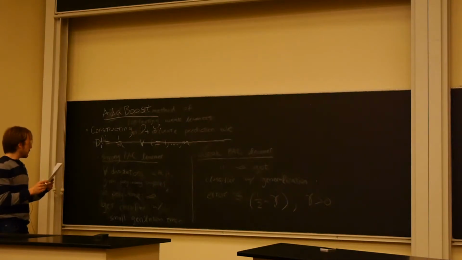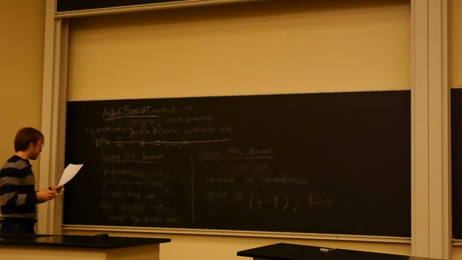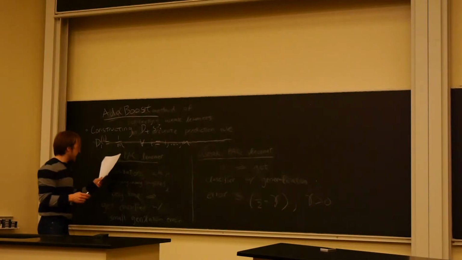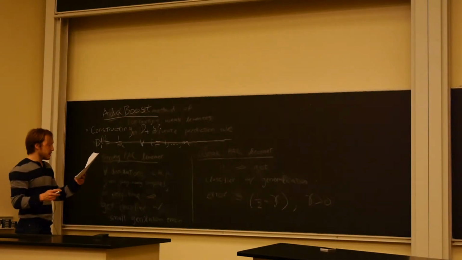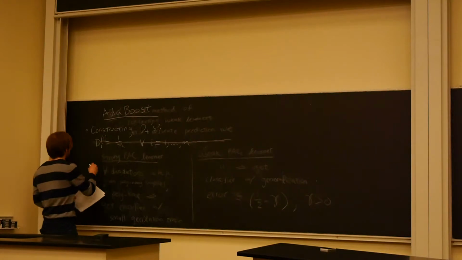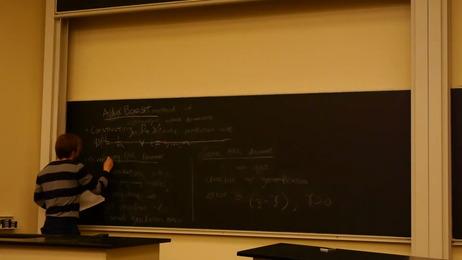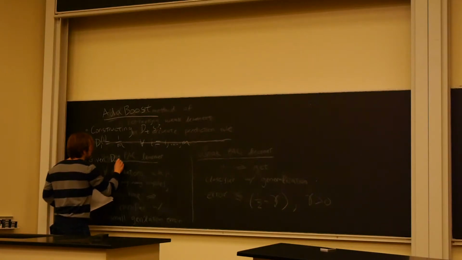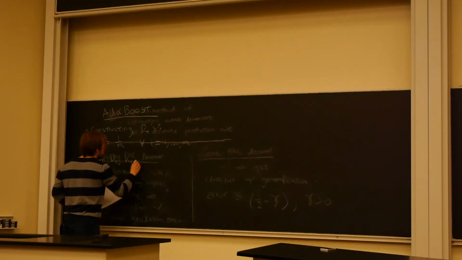OK, so we'll construct it in an inductive way. Given D sub t and your weak learner h sub t, we're going to define D sub t plus 1, so the next distribution in the next round, in the following way. So let's assume we have D sub t and your weak learner h sub t.